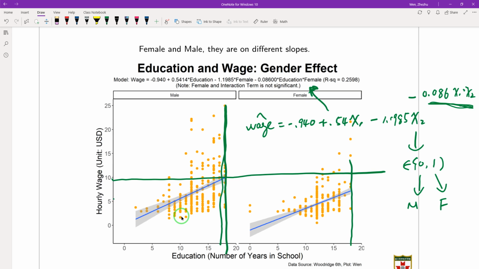In that case, let me write down the equation for the male first. When you predict the male group, you're going to be using B0. Let me just write it in full so that you can tell what it is.